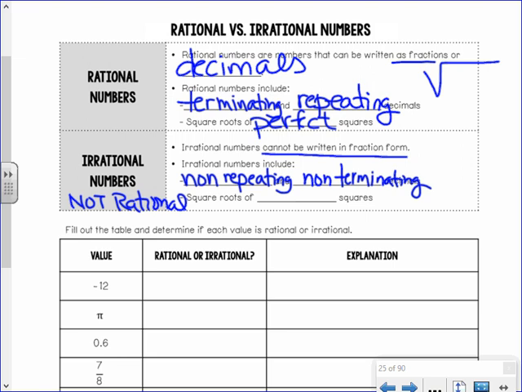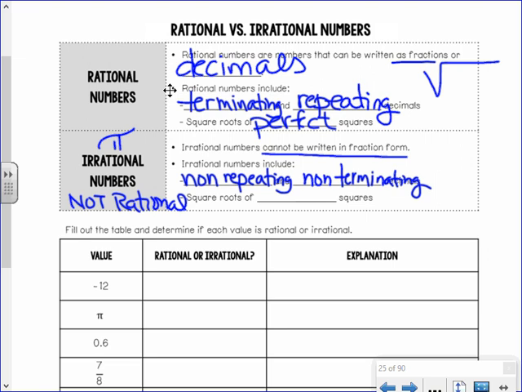Nope, that terminates. That terminates. That terminates. I already called on you guys. Dang it. Parker. Pi. What is pi? 3.14157,926, yada, yada, yada. It never repeats and it doesn't ever stop. Pi is the most common irrational number. Okay, so if you want to, you can put pi there.